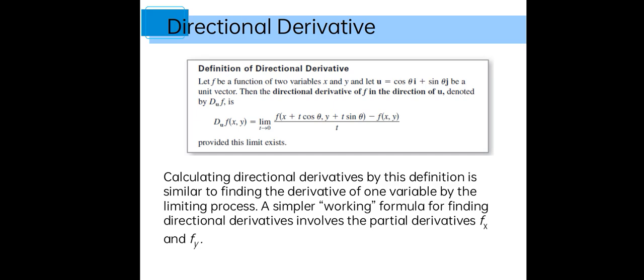The definition of the directional derivative is this: let f be a function of two variables x and y, and let u = cos θ i + sin θ j be a unit vector.